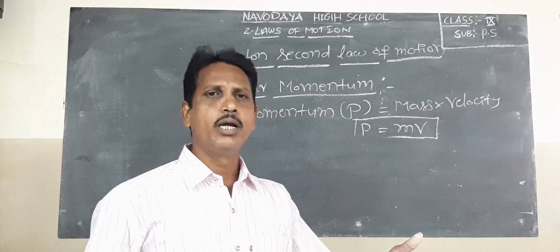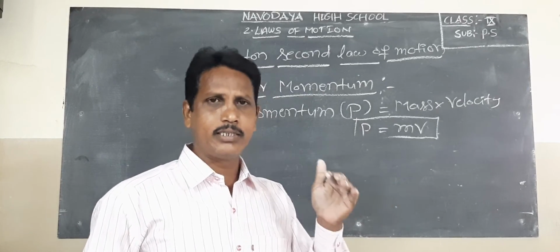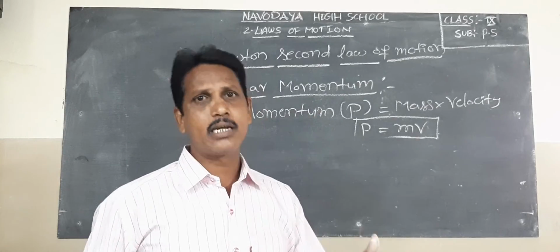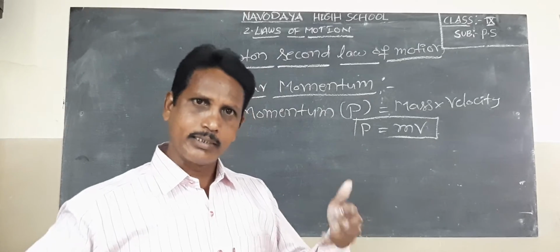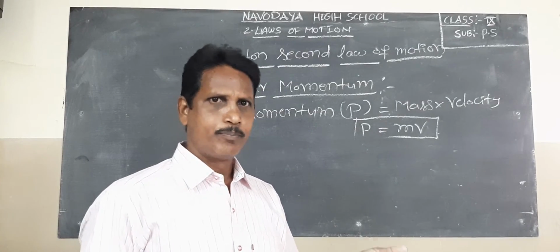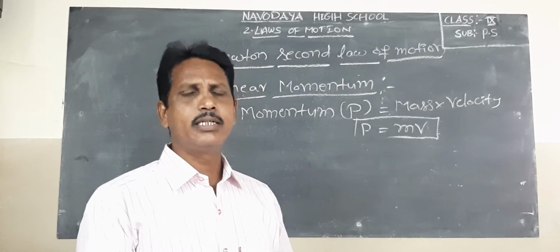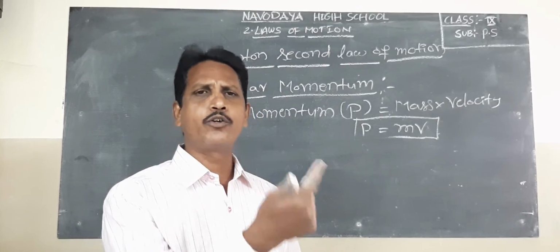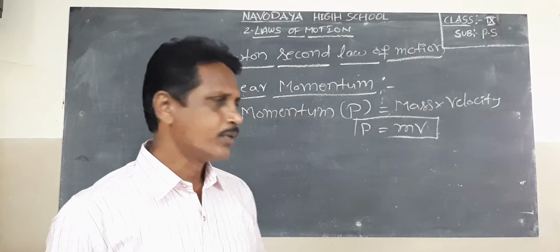That body moves with a certain velocity. It has a certain acceleration also. Acceleration and velocity both are twins. When velocity is created in the body, automatically acceleration exists in that body.